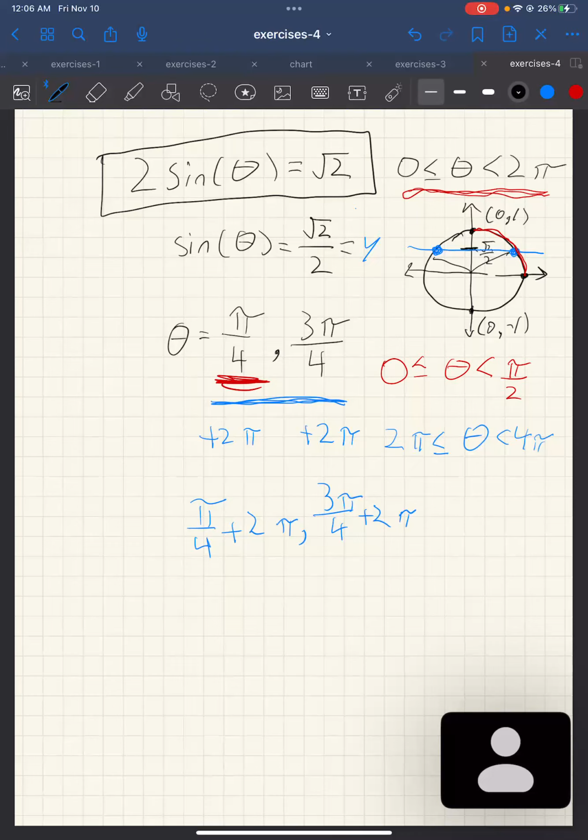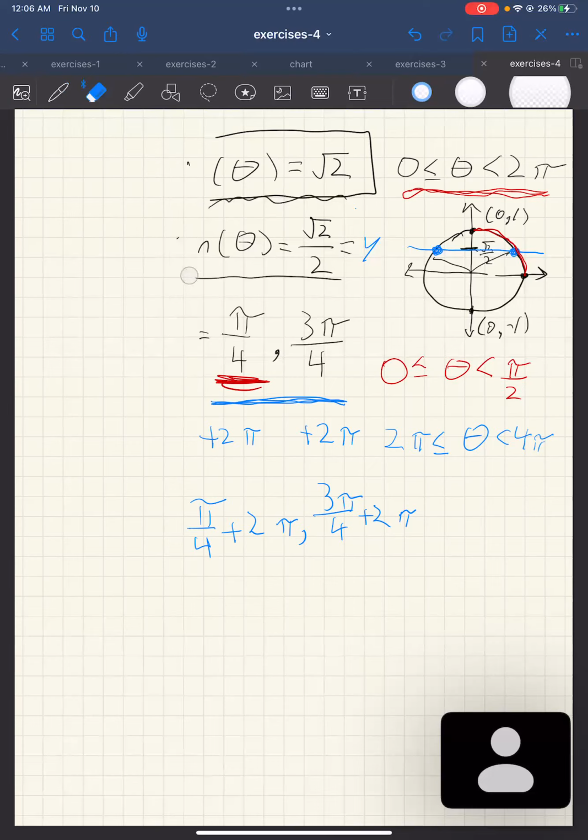So the approach is just to start with this algebraic expression, rewrite it to solve for sine of theta, and then once you have this, use the information available to you to figure out what theta has to be. And that is essentially looking at the unit circle. Very good. Well, now we can take it up a notch.